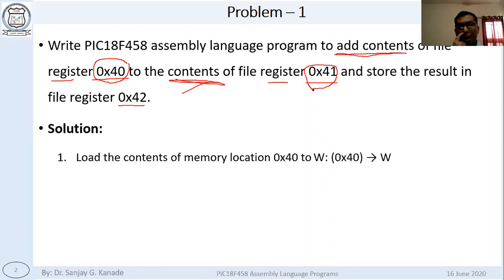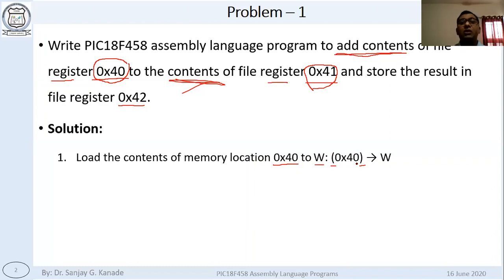Okay. So the first step, what we'll do, load the contents of memory location 0x40 to W, right? Remember, this is, again I'm repeating, this is not a literal value. This is address. This is a register, right? This is a memory location. So that's why these brackets around 0x40.